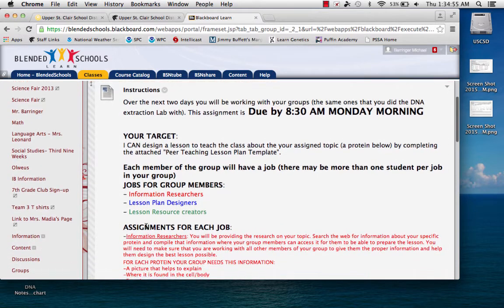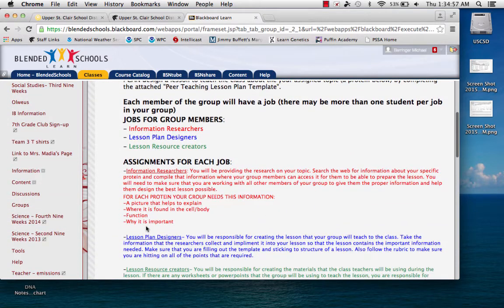The important thing here is that nobody is ever doing nothing. Everybody always needs to be doing something. Even the researchers, maybe they get the research done and it's now up to the lesson plan designers and the lesson resource creators. No, you need to be helping those other people. Nobody should just be sitting there.